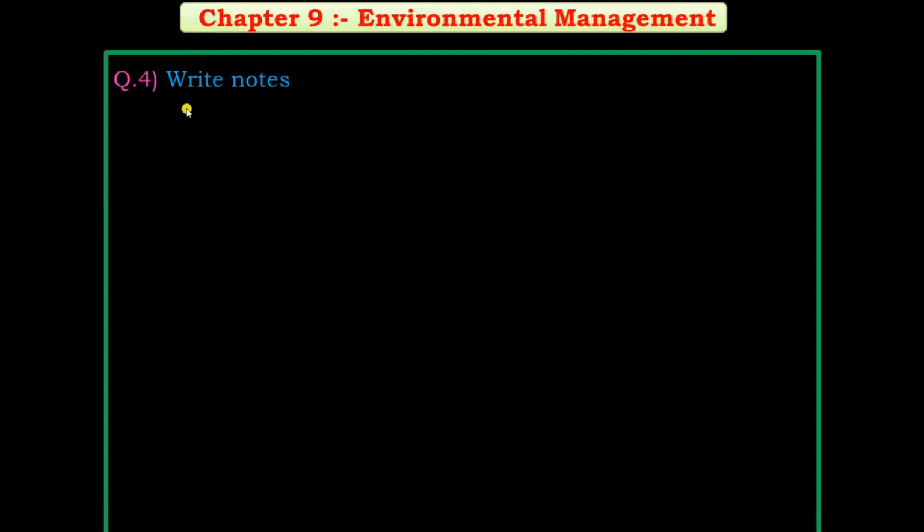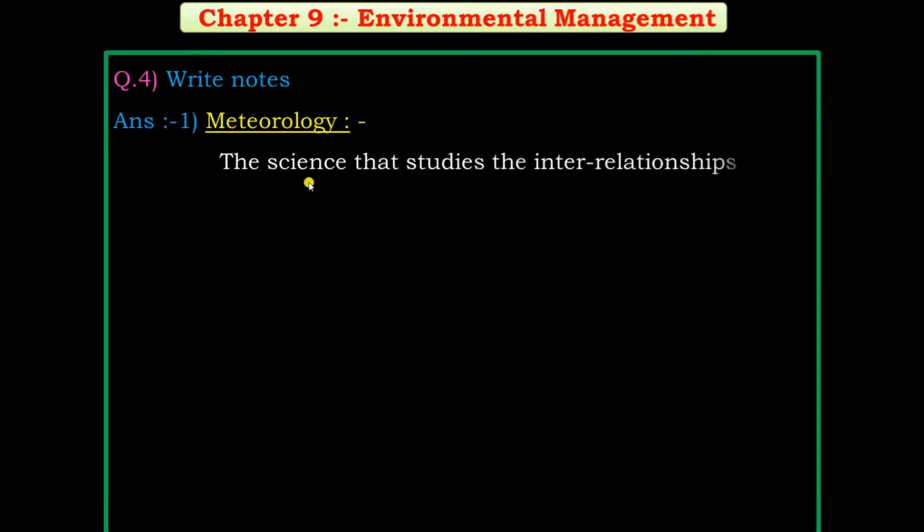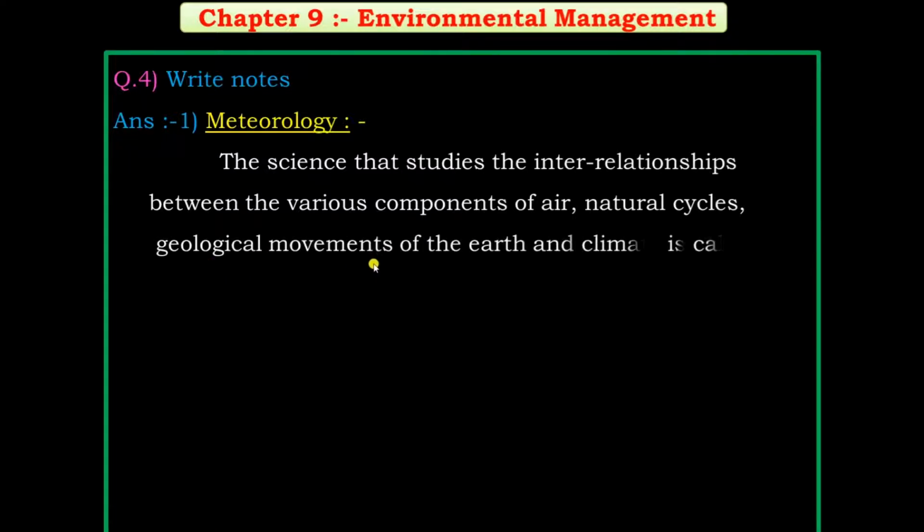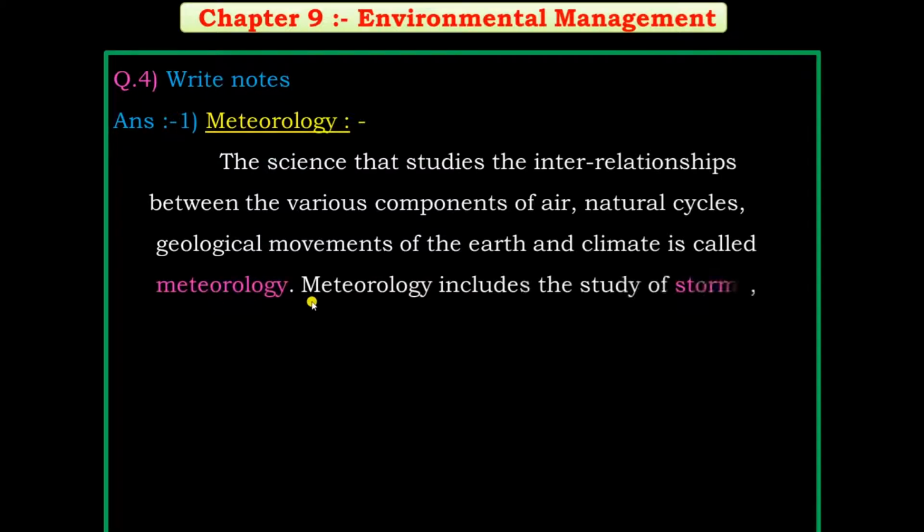Question number 4. Write notes on meteorology. The answer is: the science that studies the interrelationship between the various components of air, natural cycles, geological movements of the earth and climate is called meteorology.